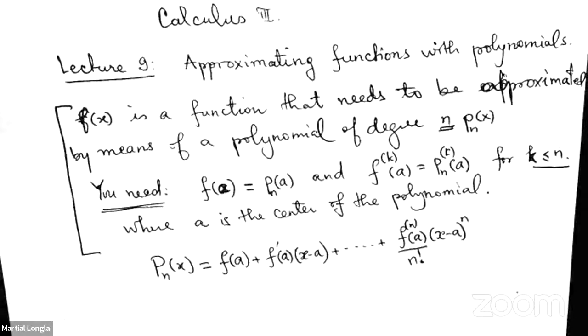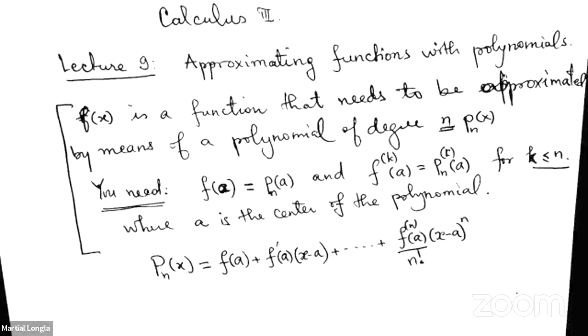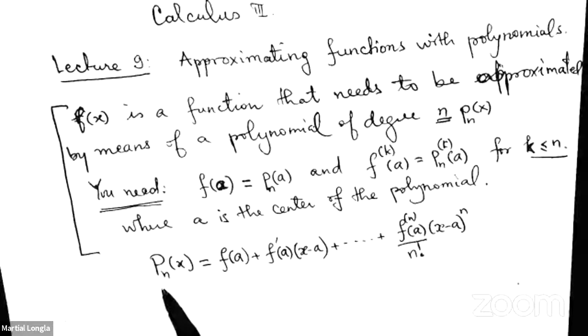So for this condition to be satisfied, the polynomial Pn of x needs to have this form. We can easily prove that, but it's not necessary. Our job here in this class is, first of all, to learn how to find that polynomial with this definition and how to use it to estimate the value of a function.